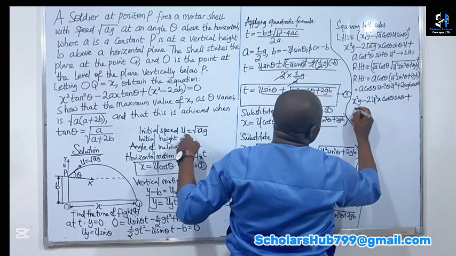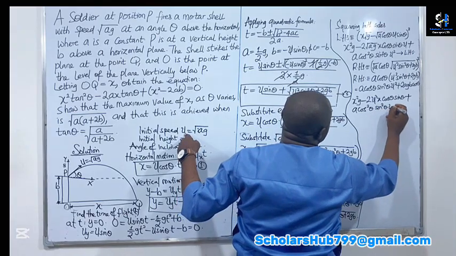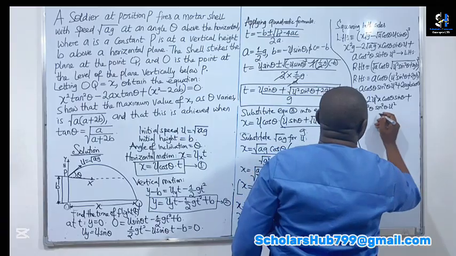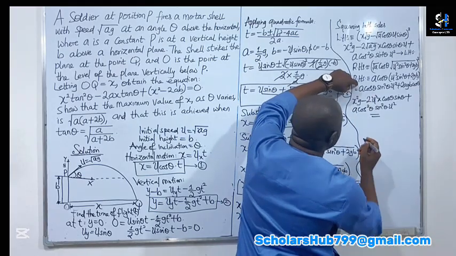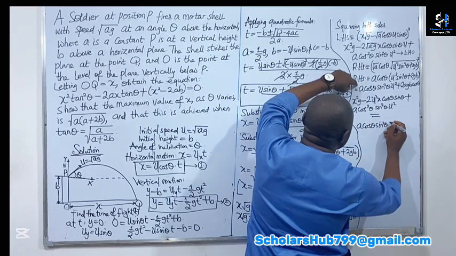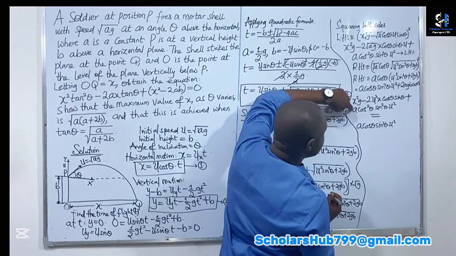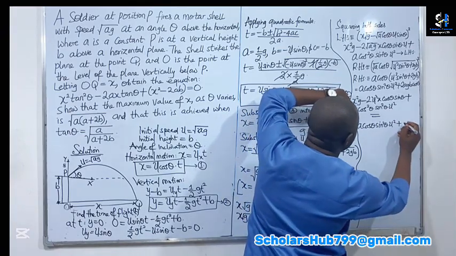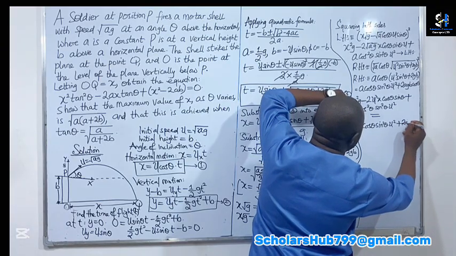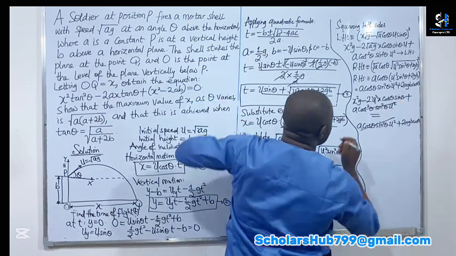Then plus a cos squared theta sine squared theta u squared. This is the left hand side. So this is now equal to the right hand side, which is a cos theta sine squared theta u squared, which is what we have on the left hand side, then plus 2agb cos theta. So this will cancel this.